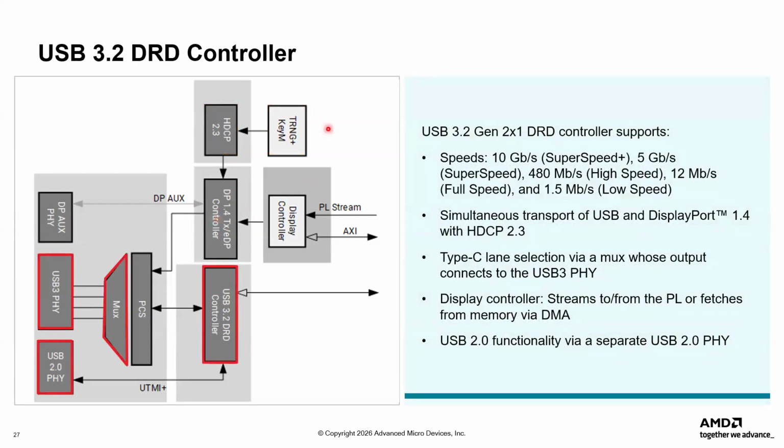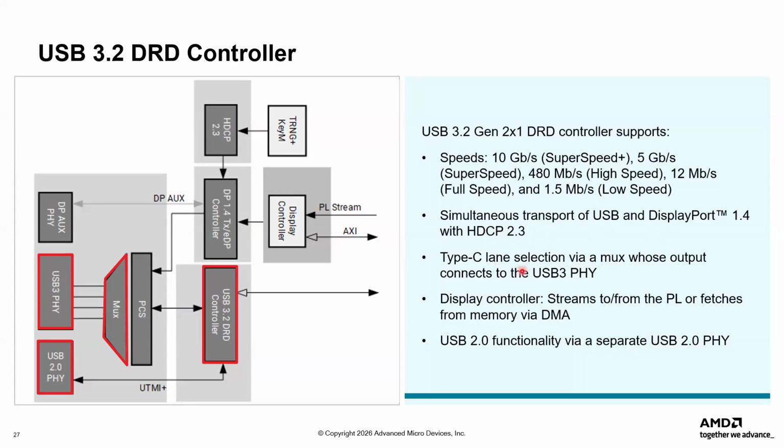The other portions of this, you look at the USB 3.2, the DP controller, you've got the 10 gigabit operation. This is simultaneous transport. And one of the great things about this, it gives you a lot of flexibility. This can do both the USB and also the DisplayPort. And that DisplayPort can be running 1.4, but still be using the encryption.